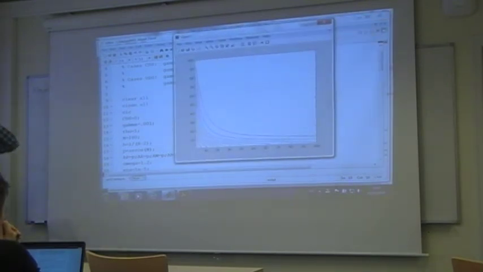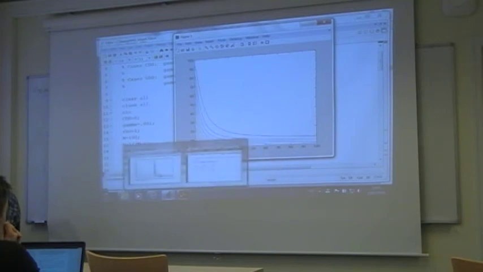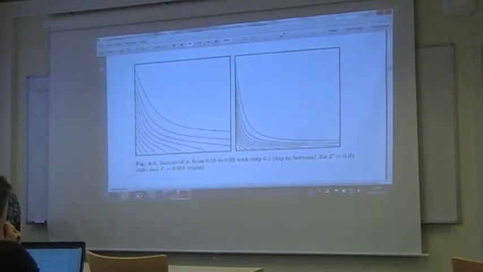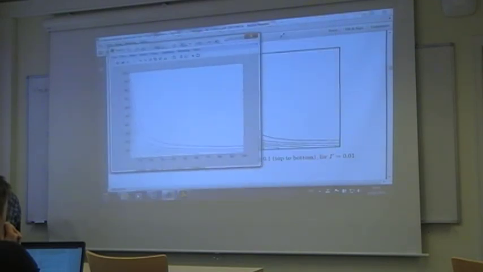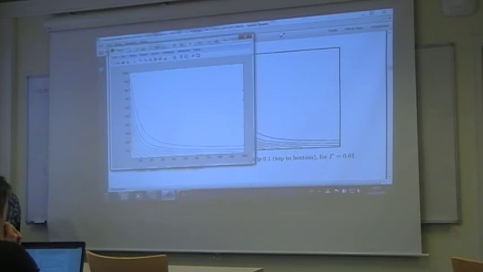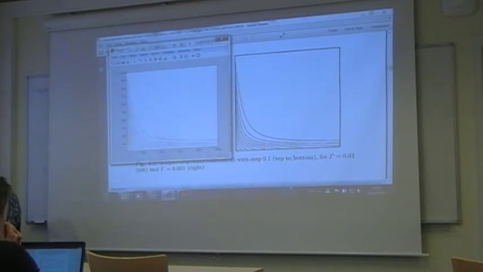Yeah, you get something like this. And a fairly decent solution, but not perfect. But still, it does a fairly decent job here with this first order upwind scheme.